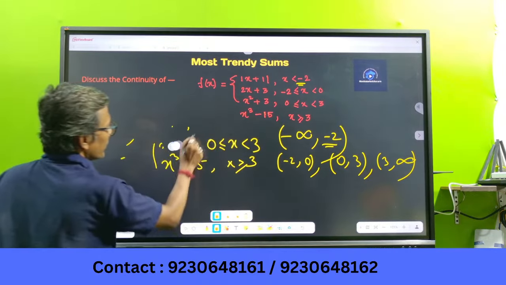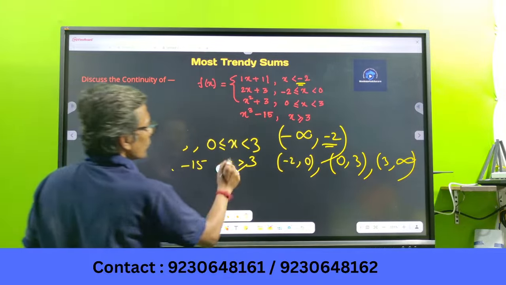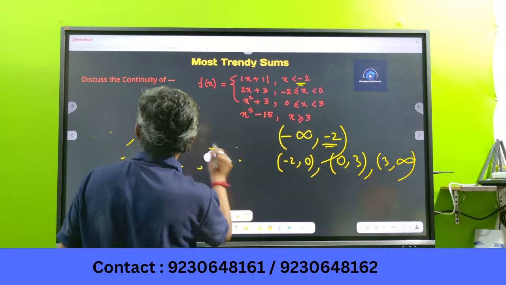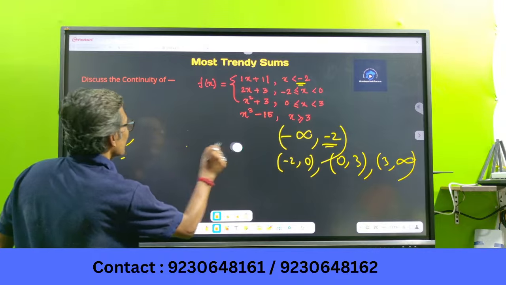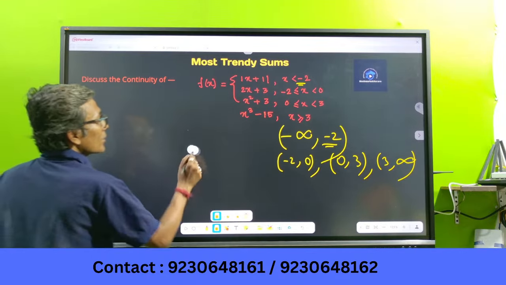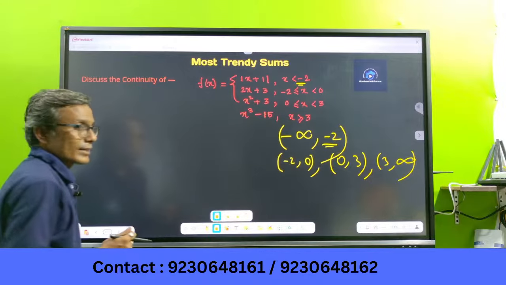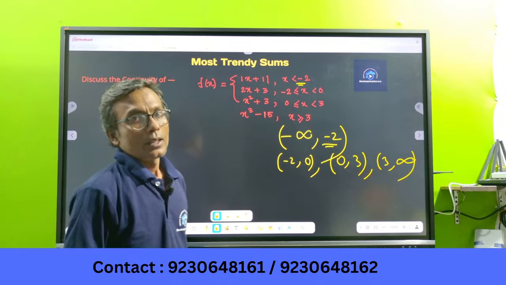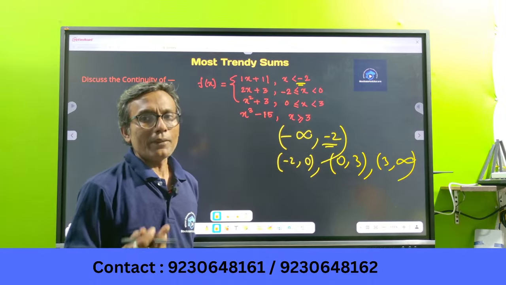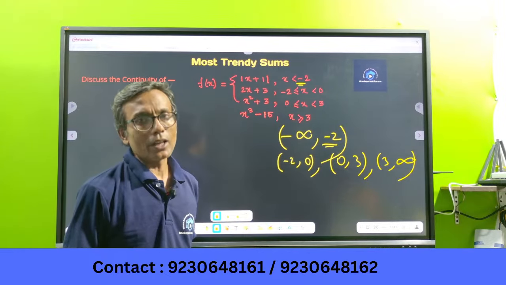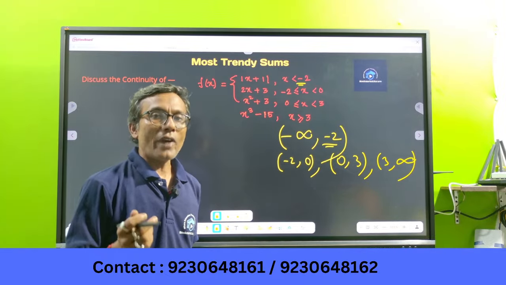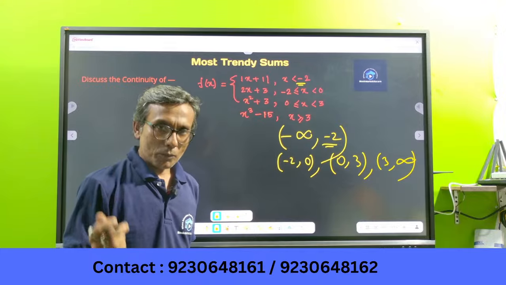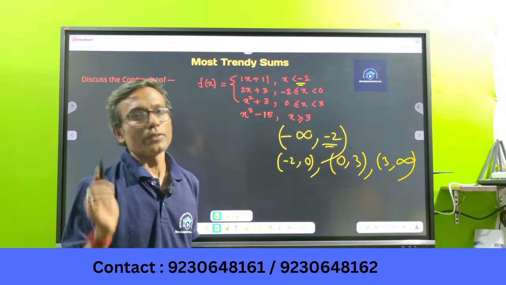For checking continuity, what we have learned before: continuity means the right hand side limit of the function equals the left hand limit of the function, which is equal to the value of the function at that particular given point.